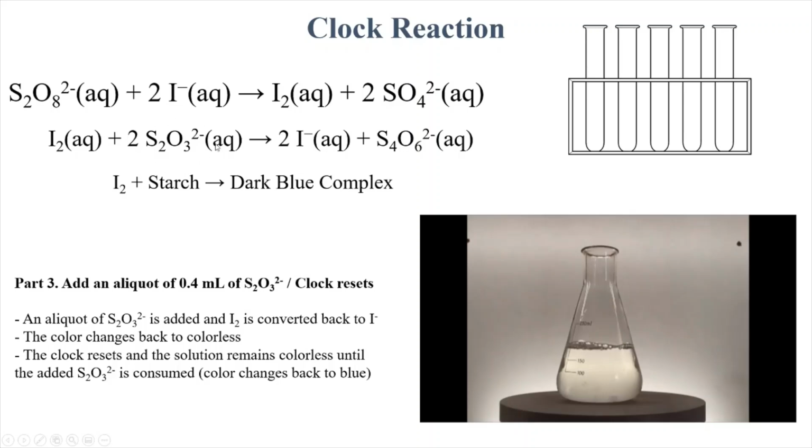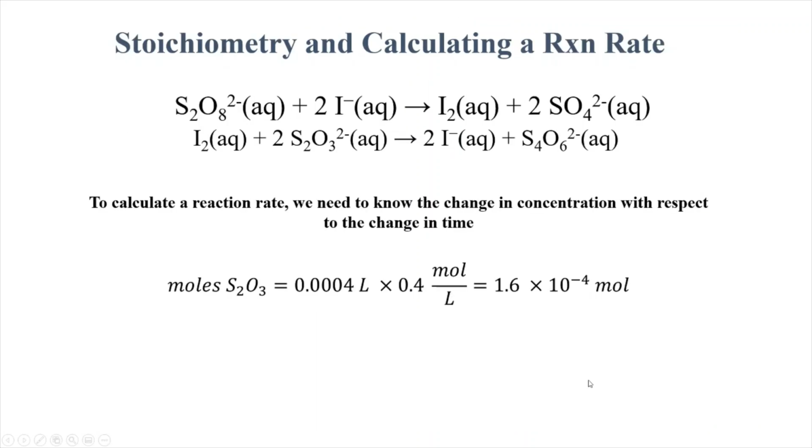We know the number of moles by knowing what volume we're adding times the concentration. And with each addition, we know that as long as there's S2O3 2- in there, it's colorless. So from blue to blue, we know how many moles are consumed. So now we know moles and we know time, and we can start to get a reaction rate.